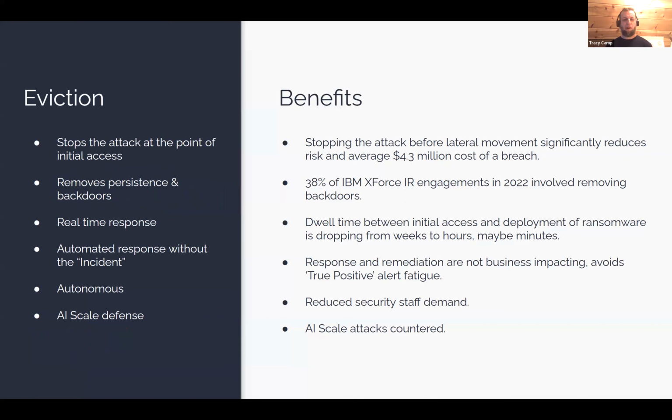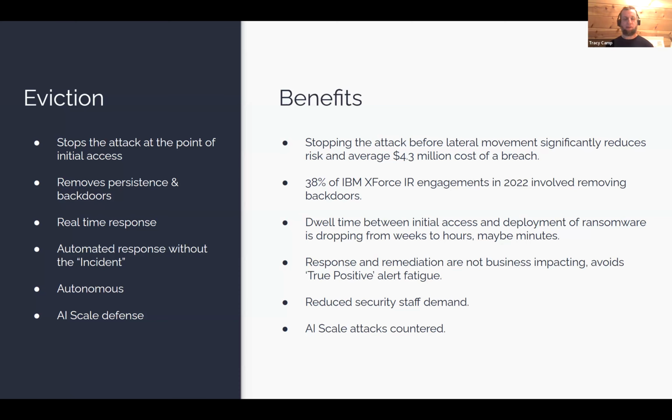And so, to run through a lot of the benefits we see around eviction, the first and the most obvious to us is that it stops the attack at the point of initial access. This actually happens on the endpoint, where the attacker has briefly gained control over the machine. And this is a huge cost saver over time. So I'm citing some IBM numbers.